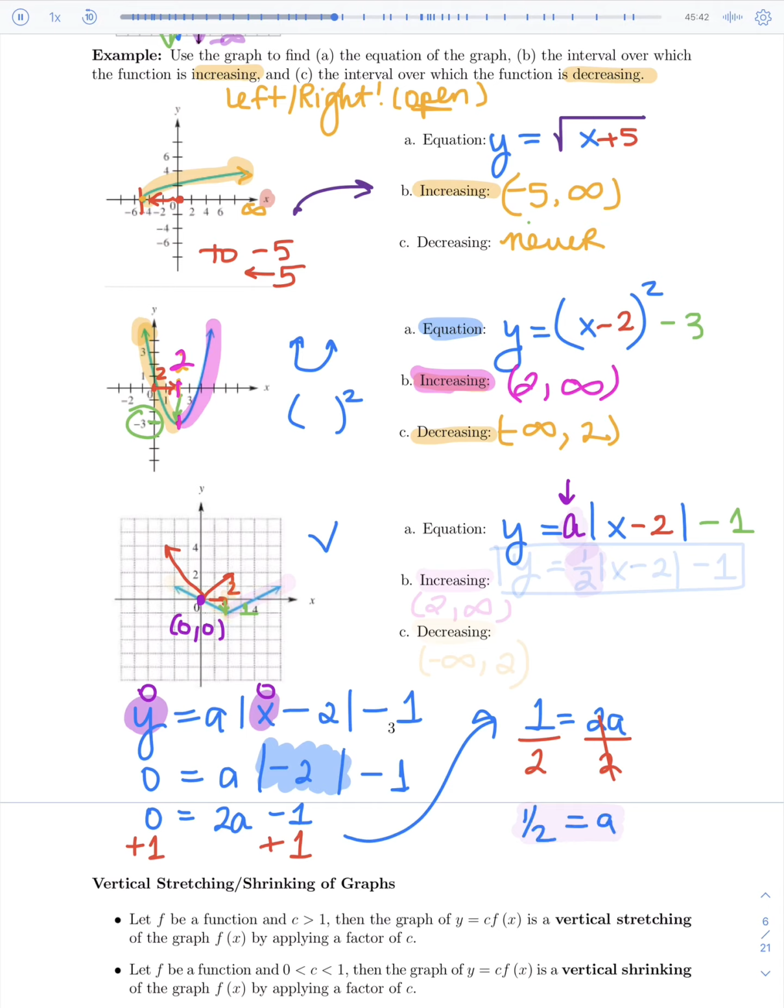And then you could go plug that back in. So you take your A equals 1/2 and plug that back in for A, which would give us our equation of y equals 1/2 times the absolute value of x minus 2. And then don't forget there was a minus 1 on the outside, and that would be our final equation.